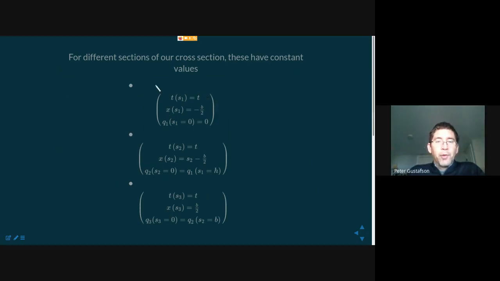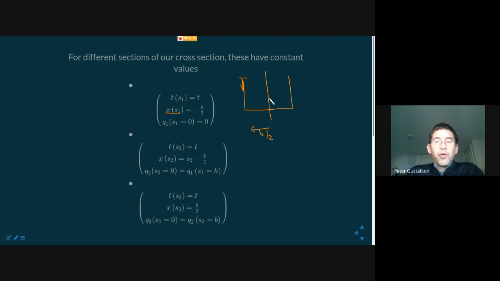So here I now can summarize what those values are for each of the sections. I'm going to draw it here for you again just so we don't have to go back and forth. s1 was on this left edge. It started here and went positive this direction. So with respect to the things inside the integral, the thickness is a constant in that section, at least as it's defined. The x position relative to s1 is always going to be at minus b over 2 from the global centroidally based coordinate system.